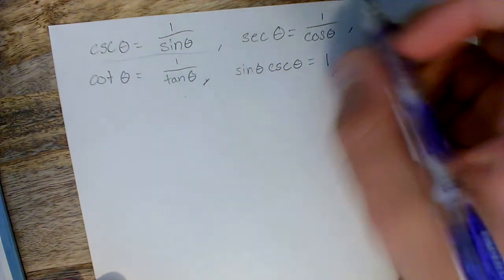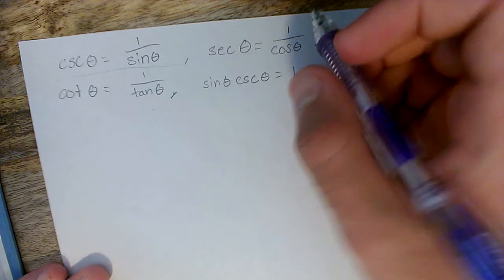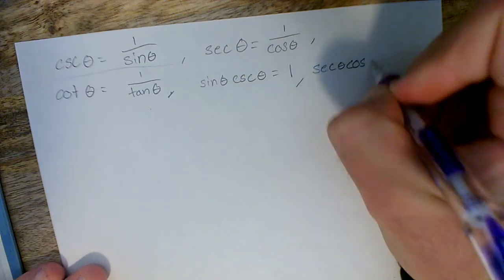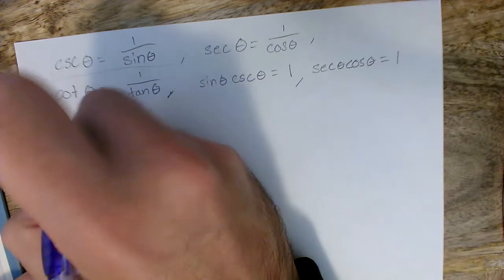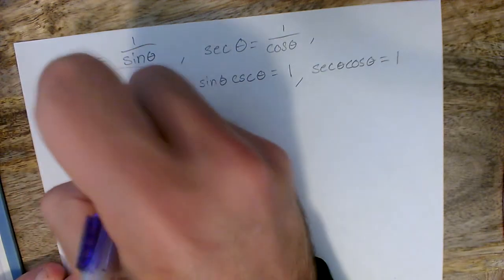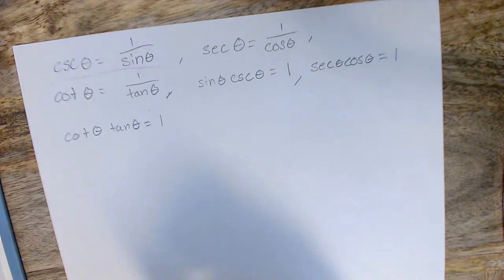And same with this one. If I multiply both sides by cosine, I get secant theta cosine theta is equal to 1. And here, similarly, we get cotangent of theta times tangent of theta is 1.